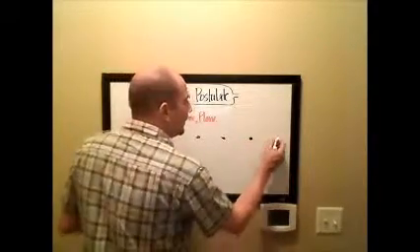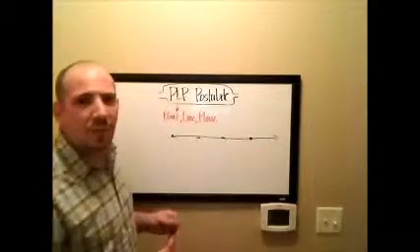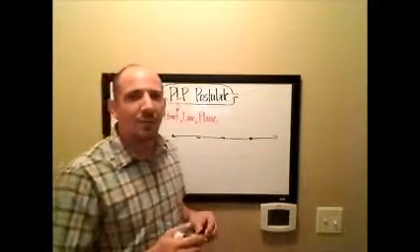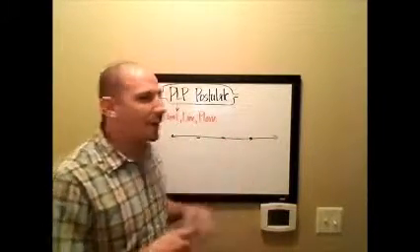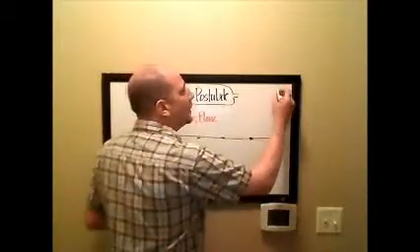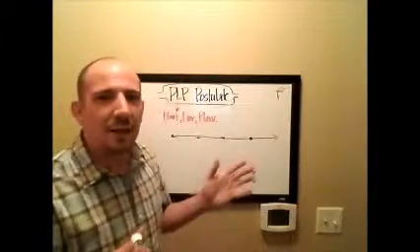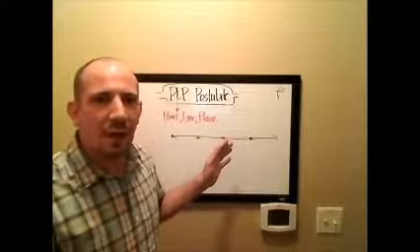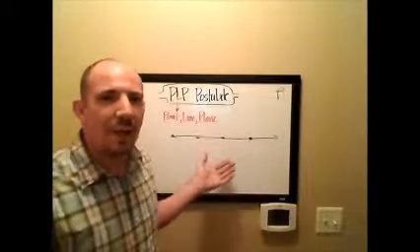Now, let's say that those 3 points are collinear, meaning they're on the same line. Now, that line resides within the plane, and I'm going to call this plane plane P. And there it is. So I've got one line that's in a plane, plane P.